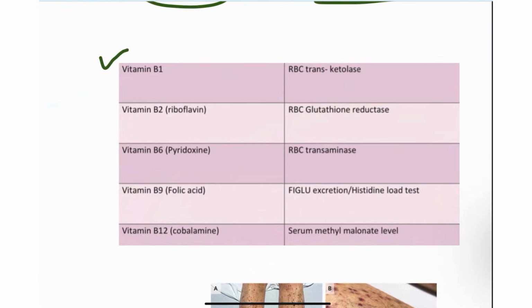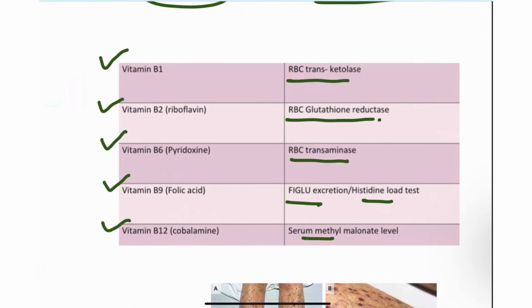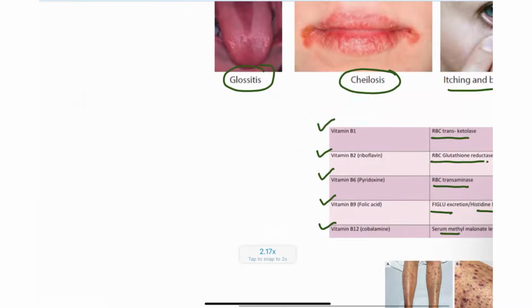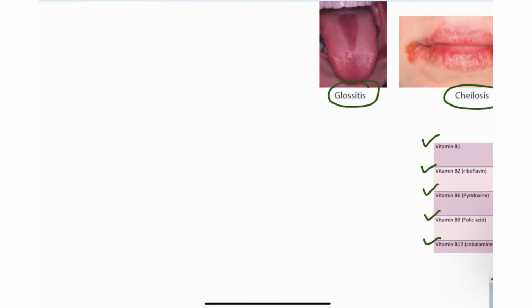For B1, we can go for the RBC transketolase assay, and for B2, RBC glutathione reductase. For B6, RBC transaminase, and for B9, it is FIGLU or the histidine load test. For B12, serum methylmalonate level, because it will be increased. These are the tests that we can do for this patient.